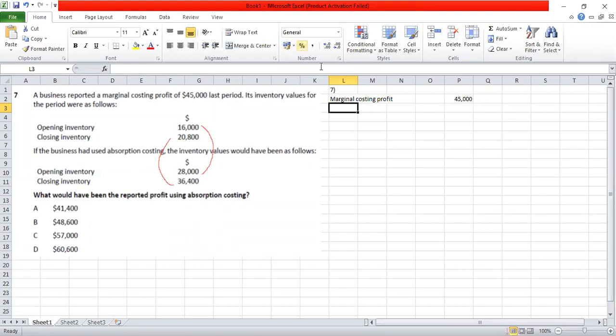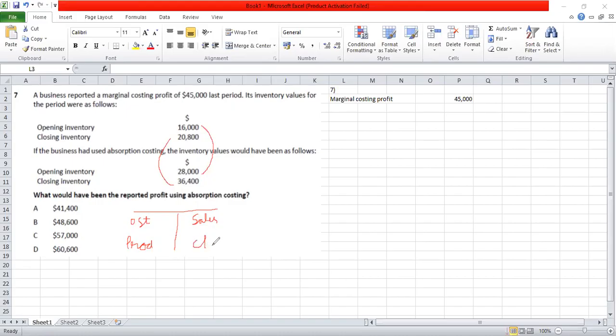See here, if we have the T form of the account, we have the opening stock, then the production cost, then the sales value. Sales, rather cost of goods sold, on the credit side, and we have the ending inventory, that is the closing stock.